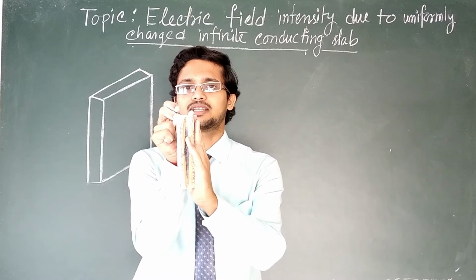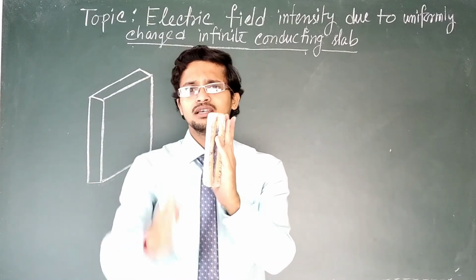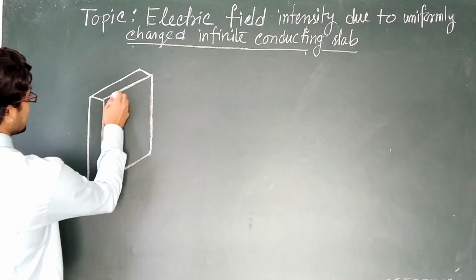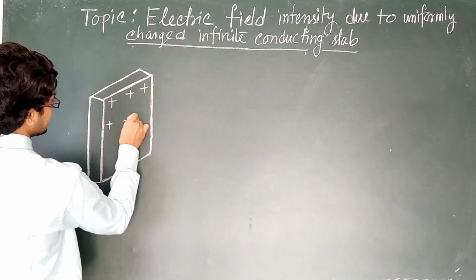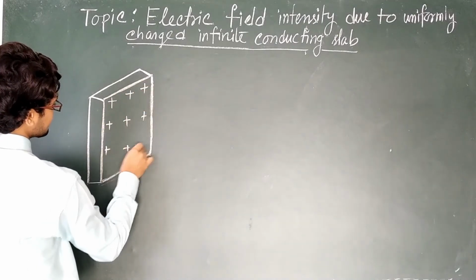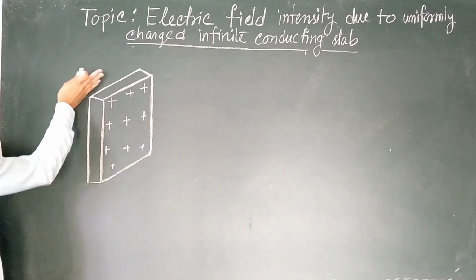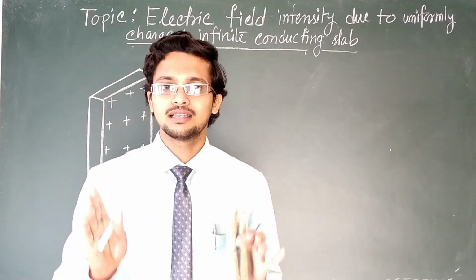This thickness is very small and it is infinite, so we can ignore this thickness with respect to its surface area. So if we give positive charges to this thing, then positive charge will lie only on this surface and the surface opposite to this one. So there are two surfaces on which charges are lying.